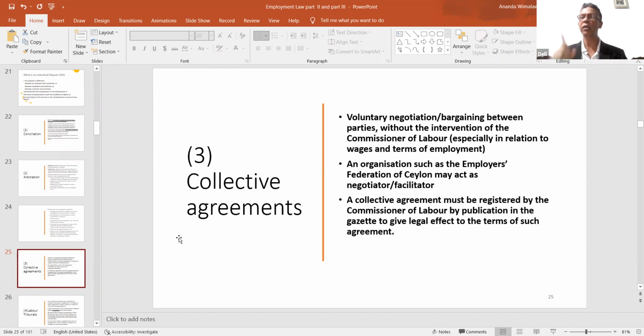The employer cannot refuse. They have to adhere.